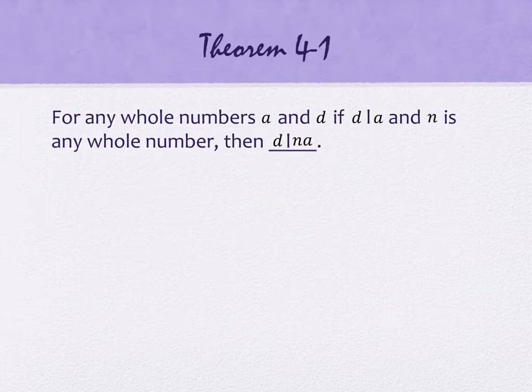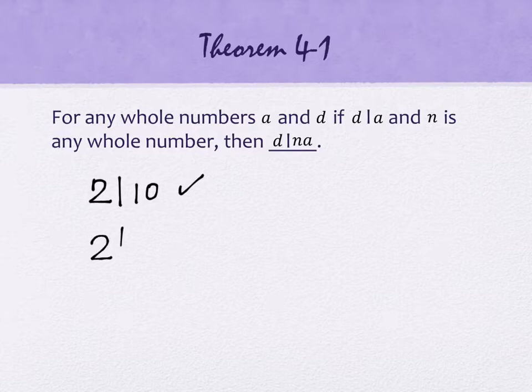So Theorem 4.1 follows next, and it says for any whole numbers A and D, if D divides A, so this is something like 2 divides 10, and N is any whole number, then D will divide N times A. So again, this isn't proving it, but just using that same 10 and 2 that we said before. 2 divides 10, check, like it works.